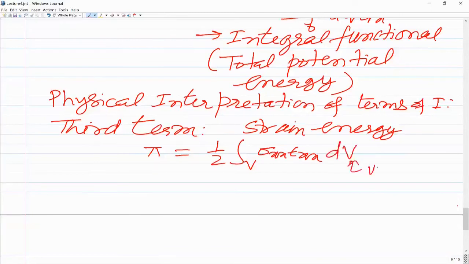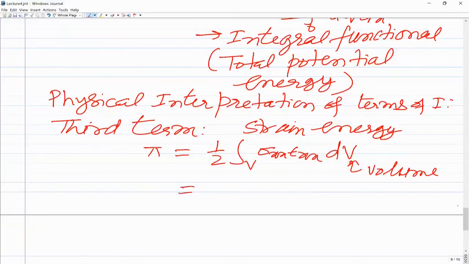For a linear elastic body, half of sigma xx into epsilon xx is the strain energy density, that is, strain energy per unit volume, and when you integrate it over the total volume of the body, you get the total strain energy.